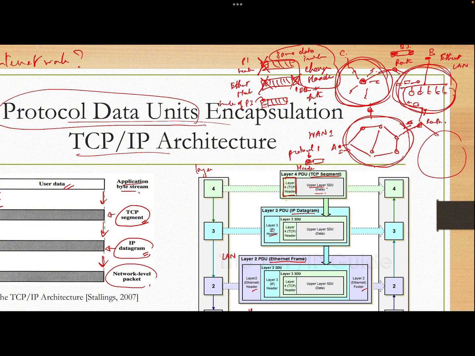The packet does the same. They add a header, and then they drop this protocol and go to the next network. They take out that header and put the new protocol header, so that they can travel inside the second network and then go to the third network. They take out the header of the second network and put the header of the third network.